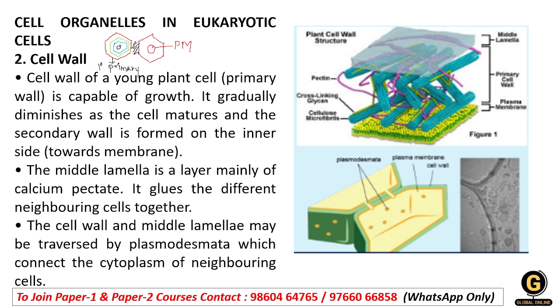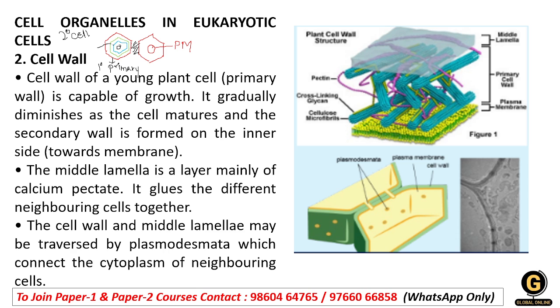Now you can see the green color border line. Yes, this green color border line is nothing but the second degree wall, that is the secondary cell wall, okay. Now how is this cell wall, students? It is impermeable. Will it let everyone come in?